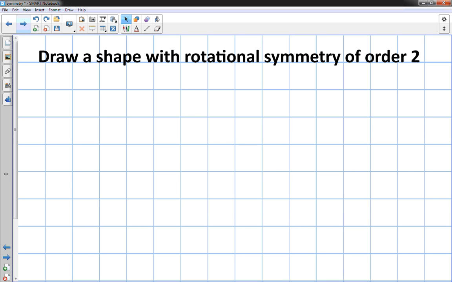Draw a shape with rotational symmetry of order 2. Did we do that one at all? I'm going to draw a shape I think that has one. And we've drawn the shape before.